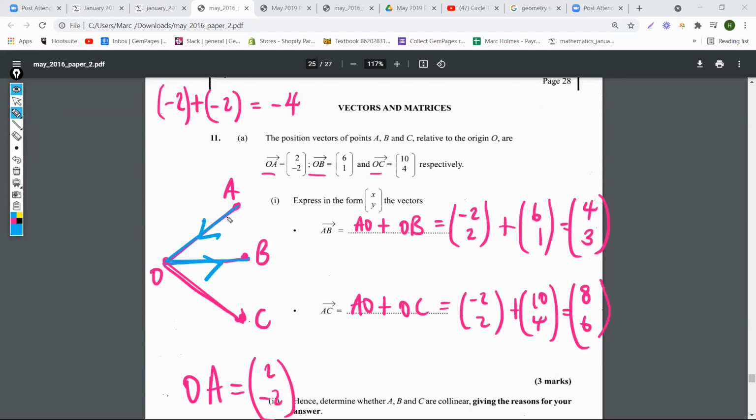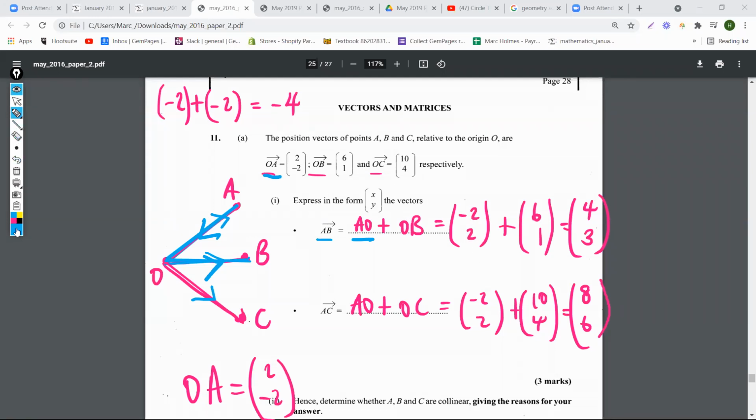So it's opposite OA. OA is in this direction, OB is also in this direction as well, and OC is in that direction. But to travel from A to B, you have to go back through the origin. So back through O, then to B. So you notice this is AO, which is the opposite of OA. That's why I changed the values. You have to change the values.